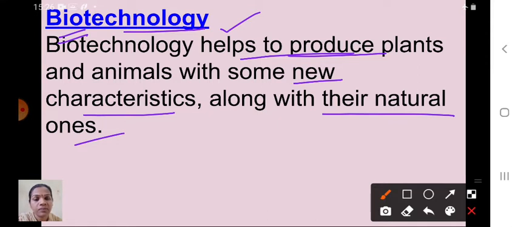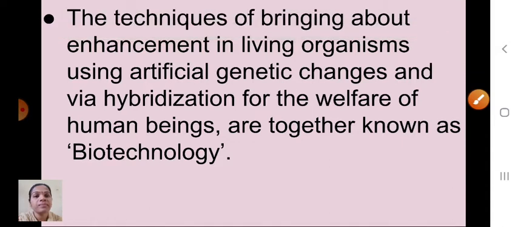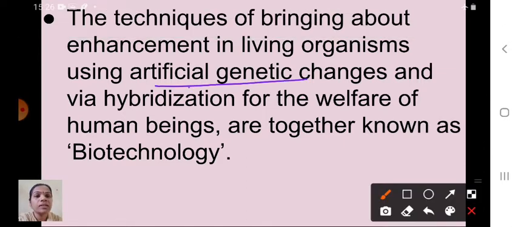The next one: the techniques of bringing about enhancement in living organisms using artificial genetic changes, which we give with the help of the biotechnology process, and through hybridization, for the welfare of human beings, are together known as biotechnology.